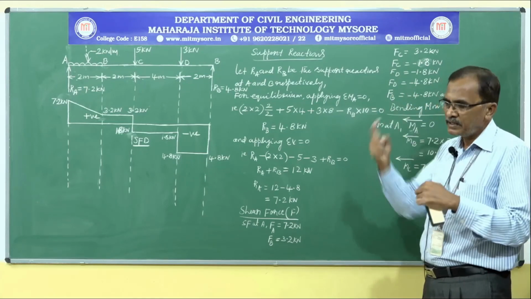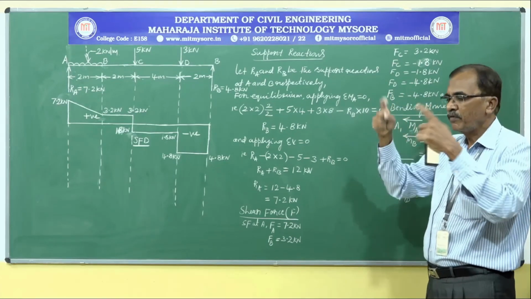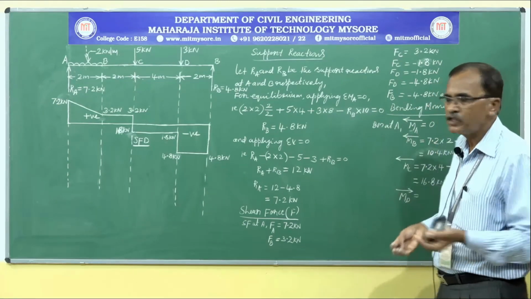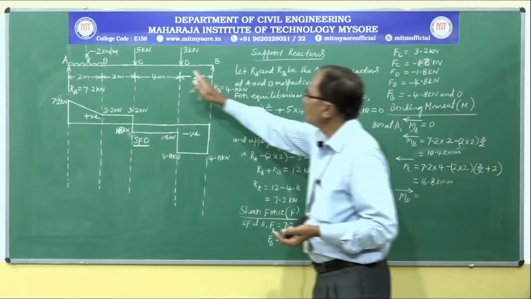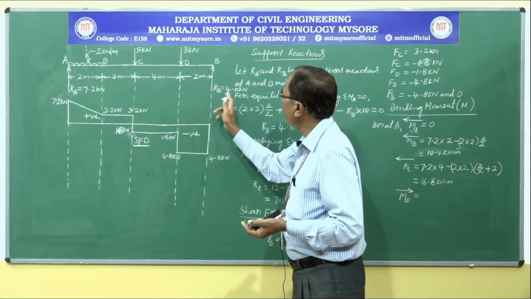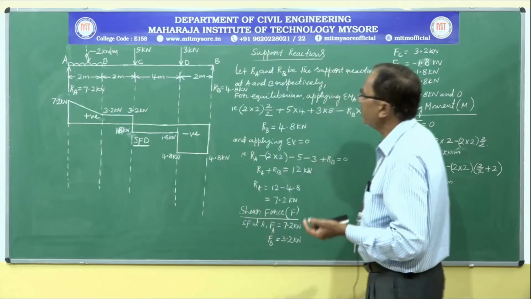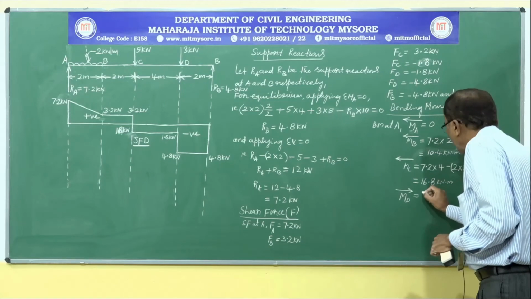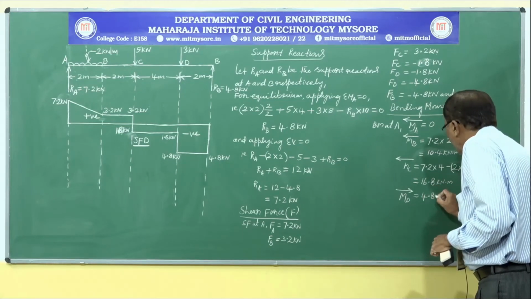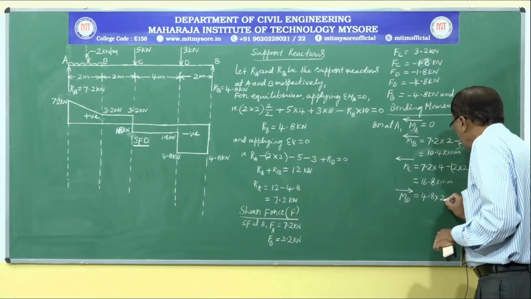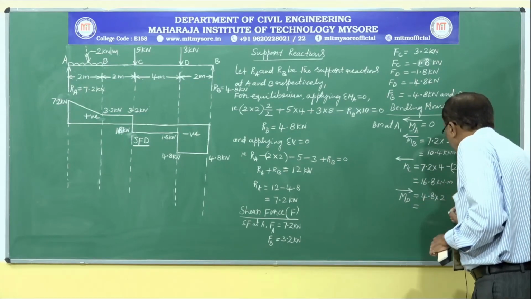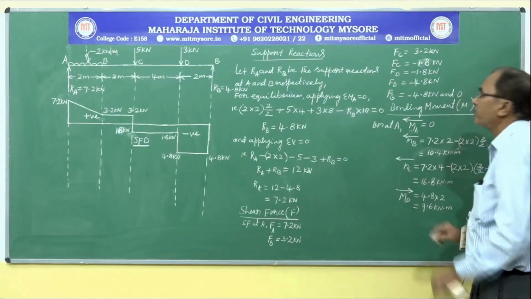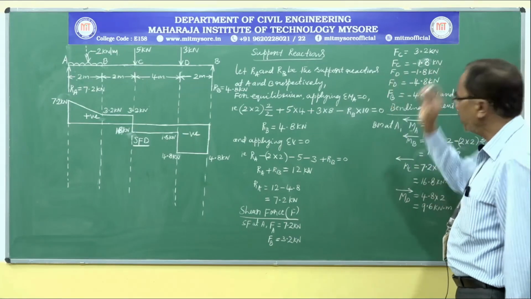Left side clockwise, right side anti-clockwise: the combination of clockwise and anti-clockwise moment will create the sagging bending moment, and sagging moments are treated as positive. So to the right side of D, this 4.8 kilonewton will create an anti-clockwise moment. To the right side, anti-clockwise is positive. 4.8 into 2, that is equal to 6 kilonewton meter.